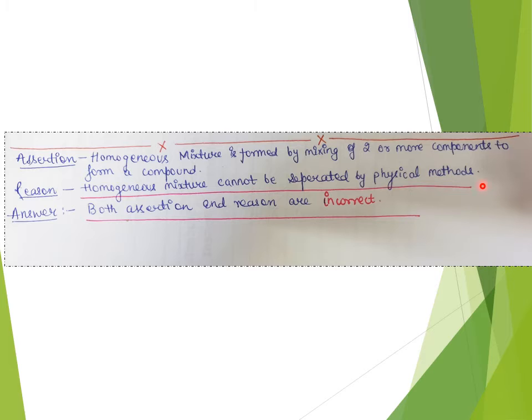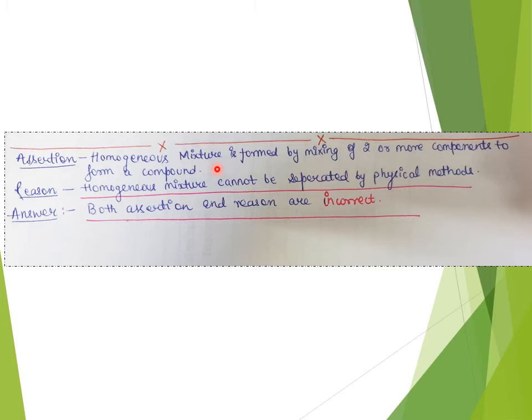First you need to understand what the assertion statement means. It says the homogeneous mixture is formed by mixing two or more components. Yes. To form a compound? No. Please remember, whenever a homogeneous or a heterogeneous mixture is formed, no compound is formed; they simply mix with each other.